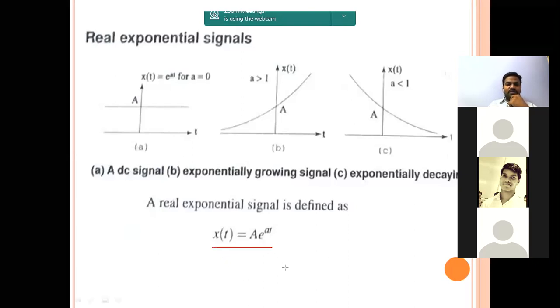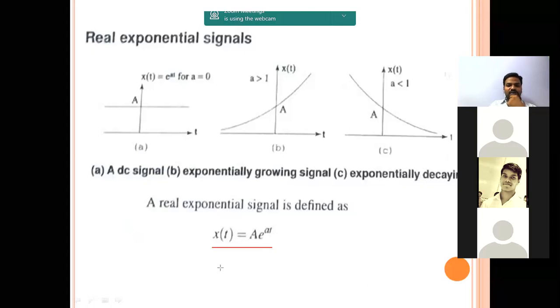So this is the basic definition of a real exponential signal. Here I have given three waveforms. The first one is a DC signal, the second one is an exponentially growing signal, and the third is an exponentially decaying signal. The case 2 function is exponentially growing, which you can also call exponentially increasing or rising. Just forget about capital A, this is just the multiplication factor.